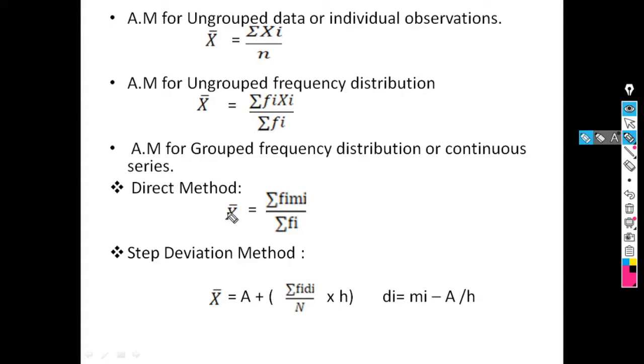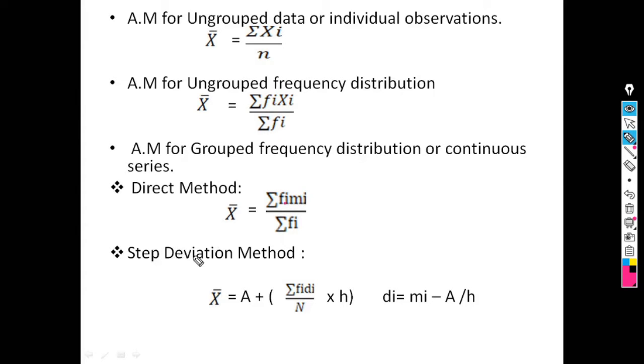The formula for direct method is x bar is equal to summation of fi into mi upon summation of fi, where mi is a midpoint or middle value, and its formula is upper limit plus lower limit divided by 2.